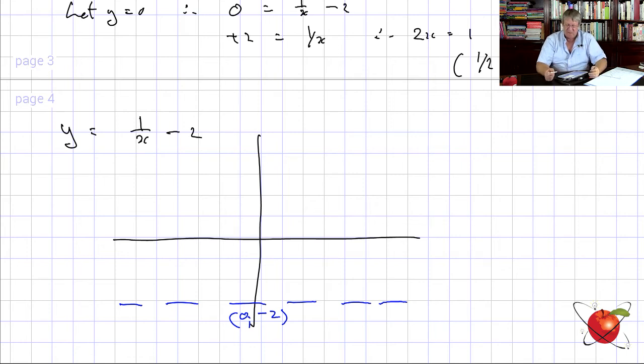Now, if we plot some numbers, let's look at x equals a large number.